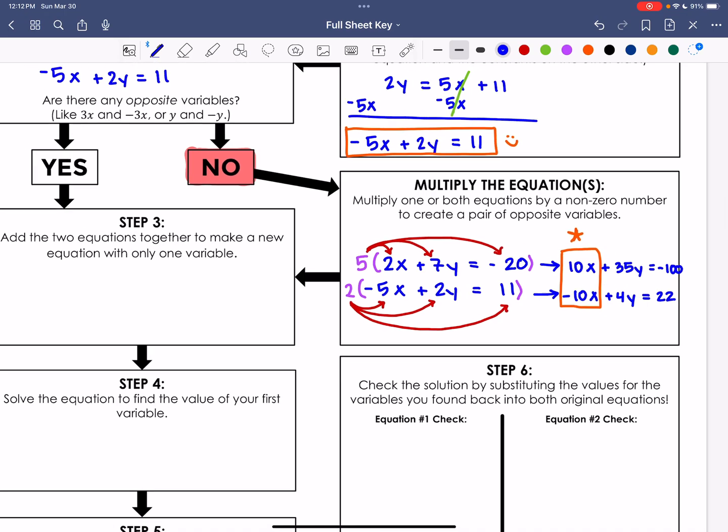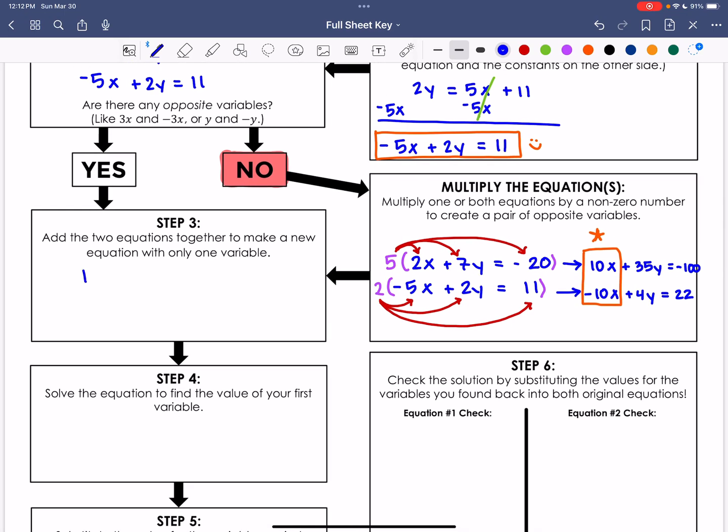So you've got to zoom out a little bit. 10x plus 35y equals negative 100. And then negative 10x plus 4y equals 22. And we'll go ahead and add these together.